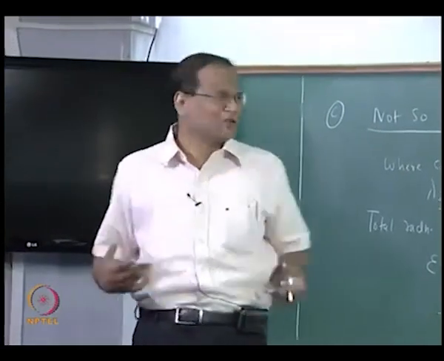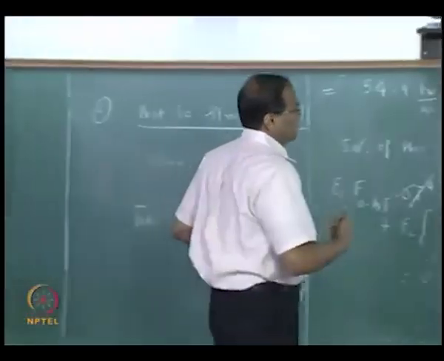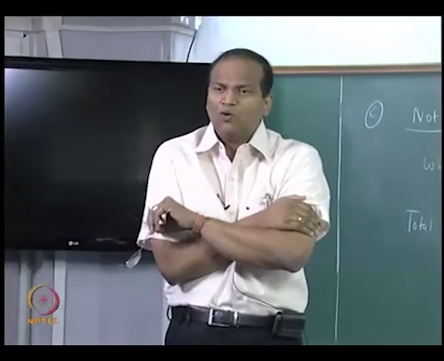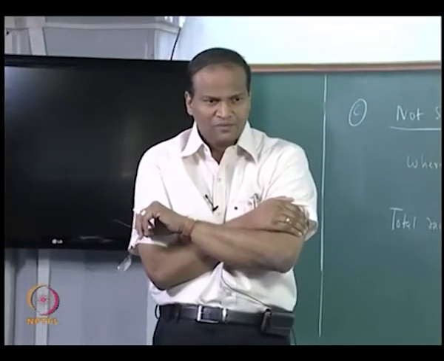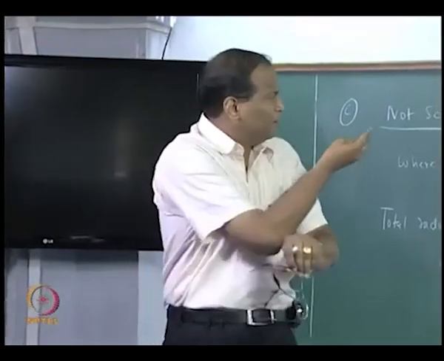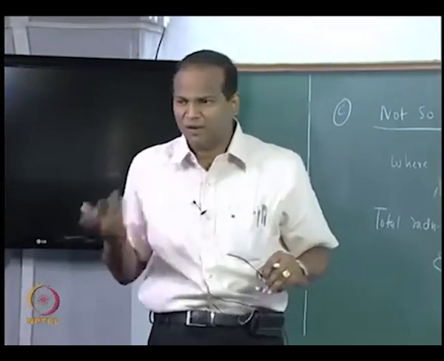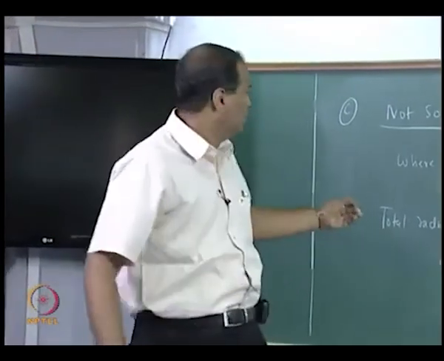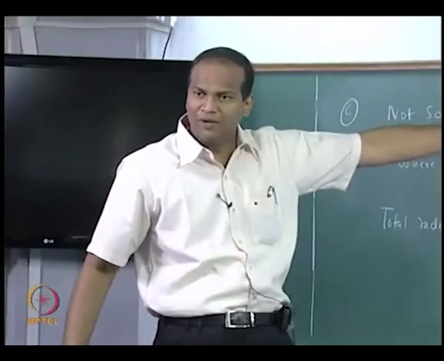It is reasonable to assume because the temperature is 1200, so the displacement law gives lambda max T approximately 3000. 3000 by 1200 is 2.5, correct? So around 2.5 it is peaking, and I expect that between 2 and 4 I can get this 50%.